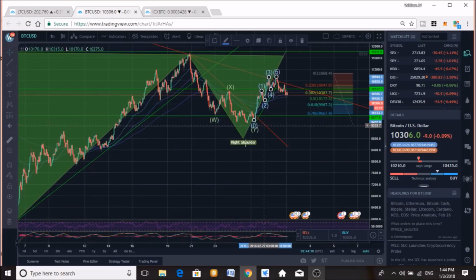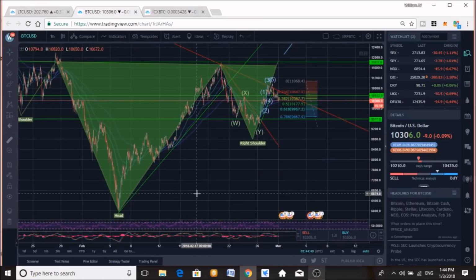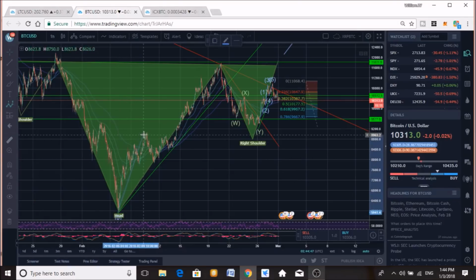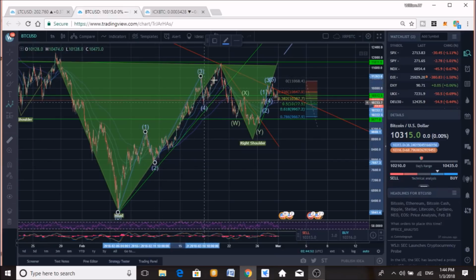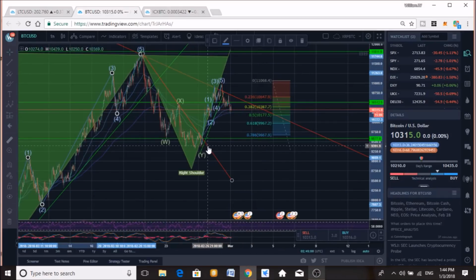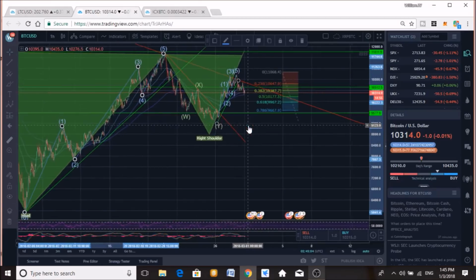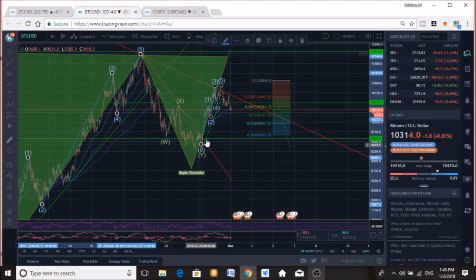If we look at the waves again, this is going to be a 1, 2, 3, 4, 5 impulse, and we have this WXY correction. Basically, what happened is we had this WXY correction, and the price got pumped when we met the short-term downtrend line here.